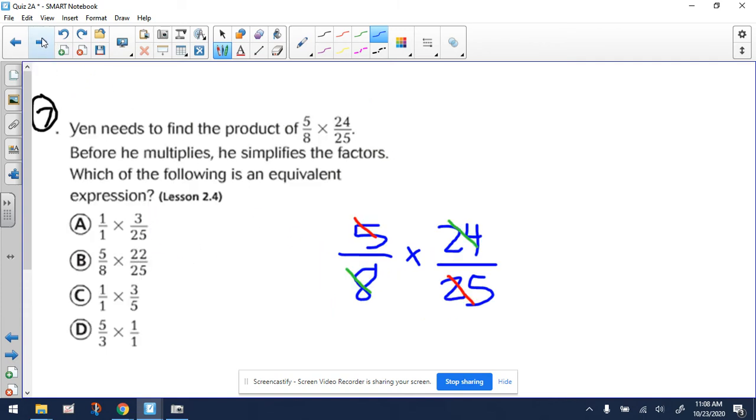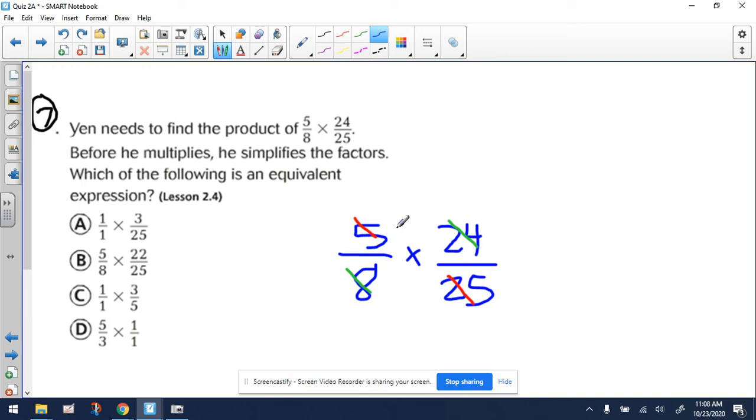Otherwise, let's take a look at question number 7. Yen needs to find the product of 5/8 times 24/25. Before he multiplies, he simplifies the factors. Which of the following is the equivalent expression? So basically, we're just going to take these values of 5/8 and 24/25, and what they're asking you to do is take advantage of the fact that we have a common factor here.